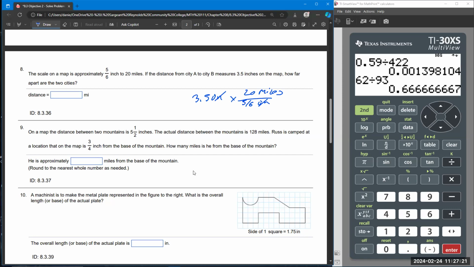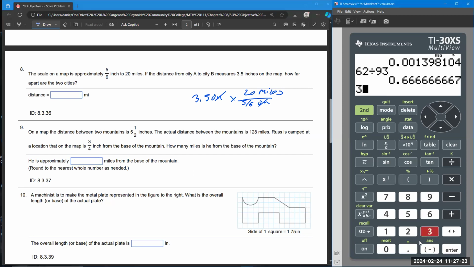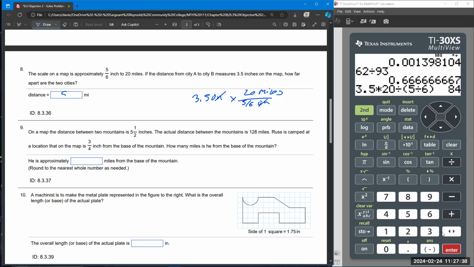So this is going to be 3.5 times 20 divided by 5/6, which is 84 miles.